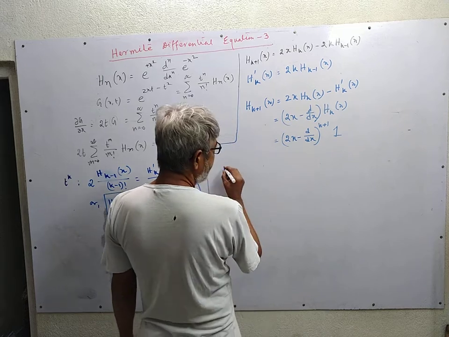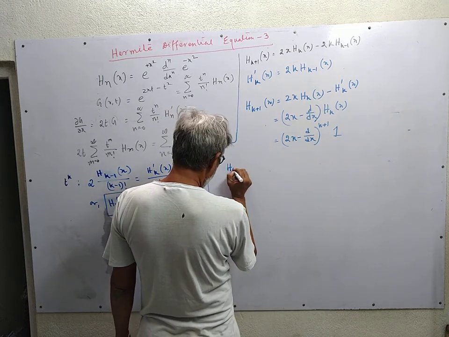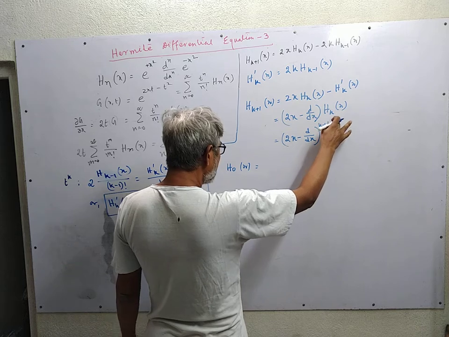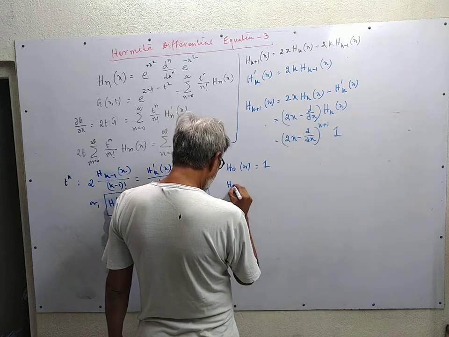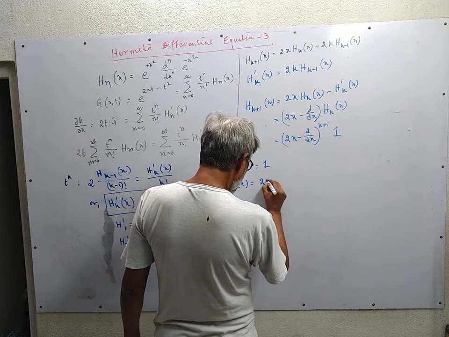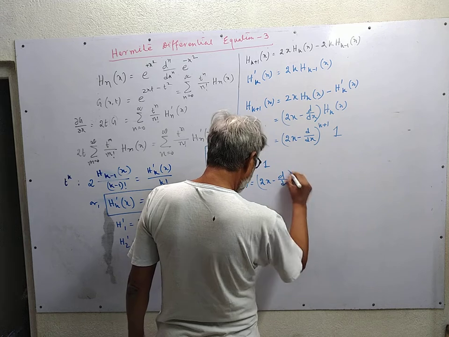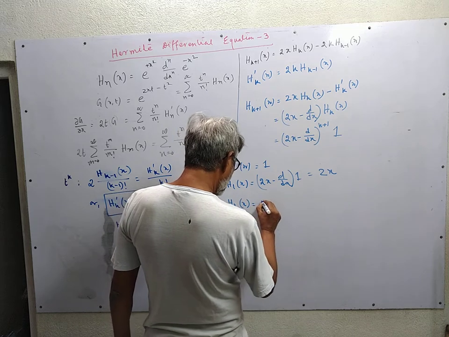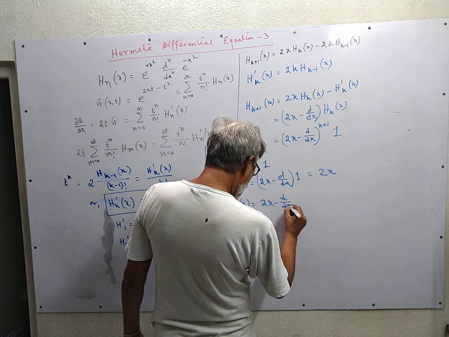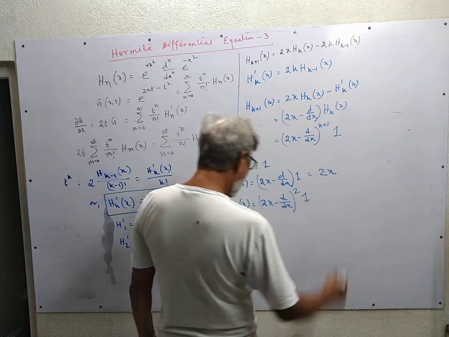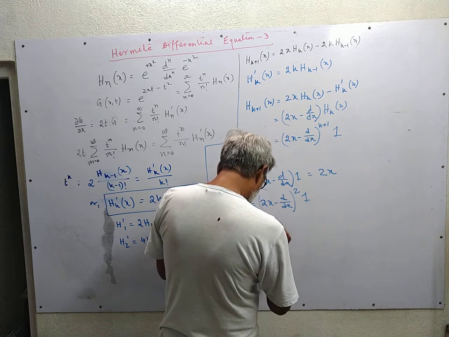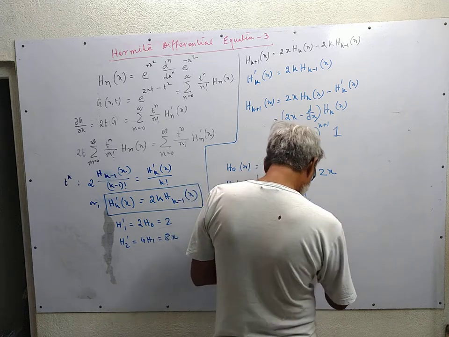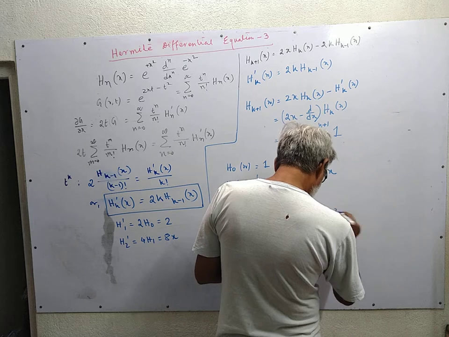As for example, h0 of x: this part is raised to the power 0, so this is 1. h1 of x is equal to 2x minus d/dx operating on 1, so this is simply 2x. h2 of x is equal to 2x minus d/dx operating twice on 1, so this is equal to 2x minus d/dx operating on 2x, so this is 4x squared minus 2.